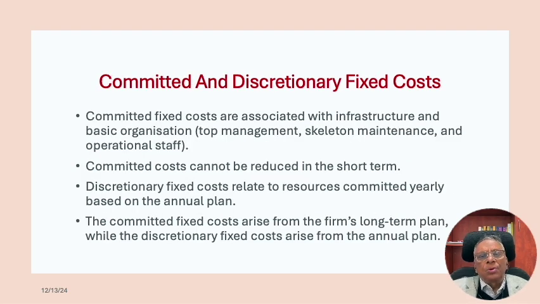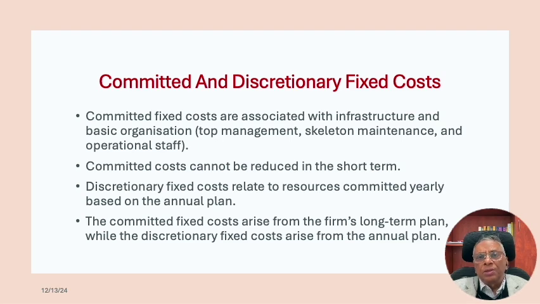Then we can talk about committed and discretionary costs. When we talk about committed and discretionary costs, we are segregating based on certain costs which are fixed but at the discretion of the management. An example is the advertising cost. Now advertising cost is fixed, that doesn't change with the level of activity, your production or sales. Like salesman commission is a variable cost, but advertisement is a fixed cost.